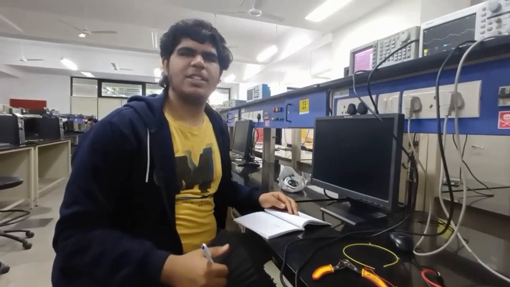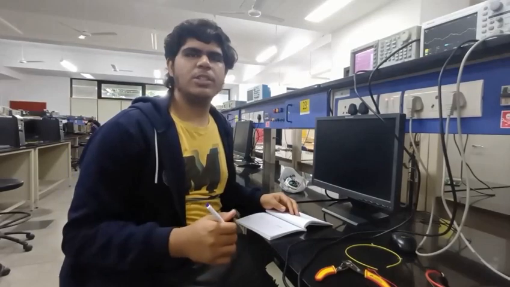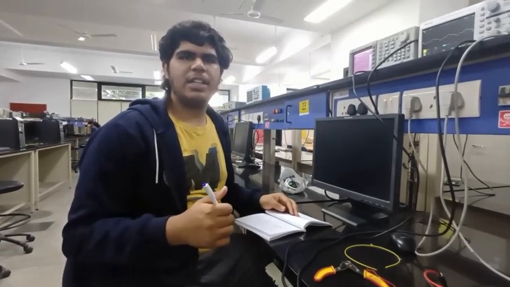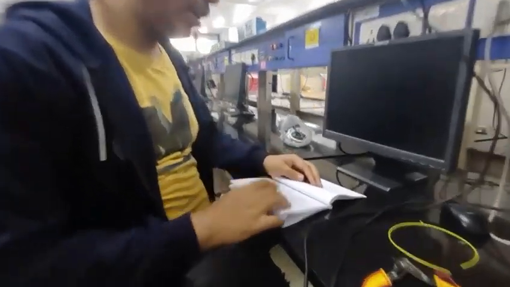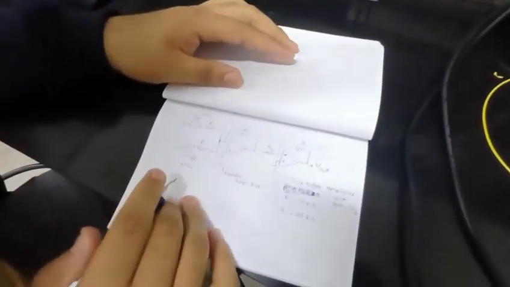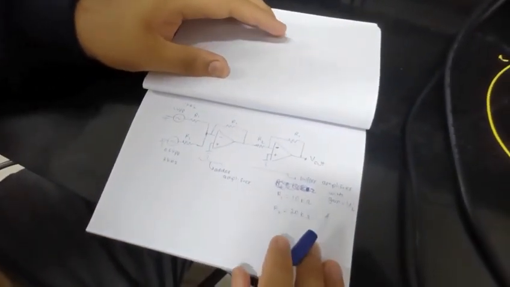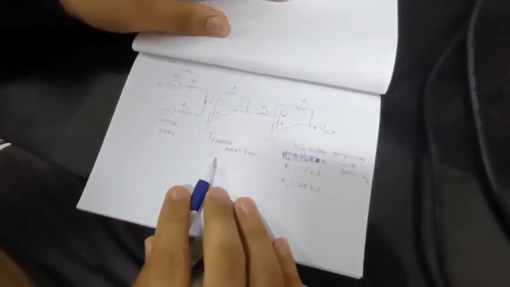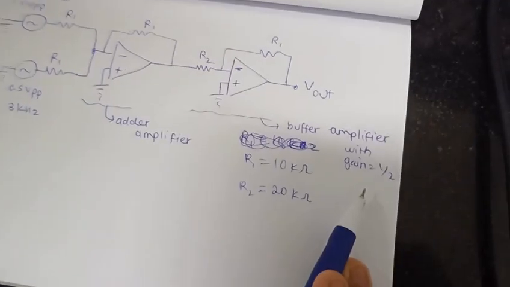I am here to explain question number 3, the average amplifier. The circuit that we have designed has two amplifiers: one is an adder amplifier and one is a buffer with gain half.